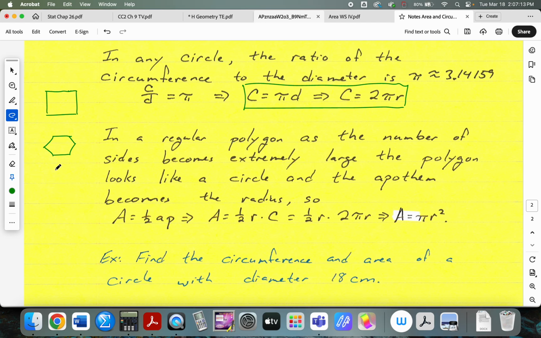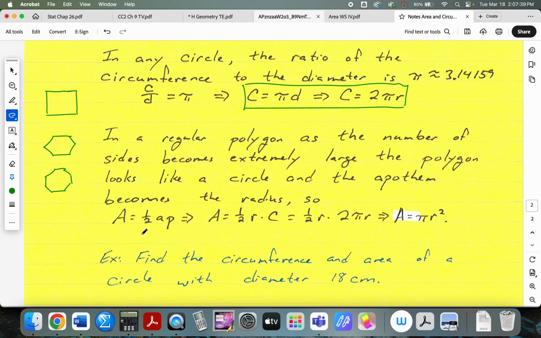Somewhat. If I go to 8 sides, does that begin to look more like a circle? Once it gets past 8, I can't draw them very well, so I don't even try. But if I had, say, a polygon this size that had 20 sides, you'd hardly be able to tell it from a circle at all.